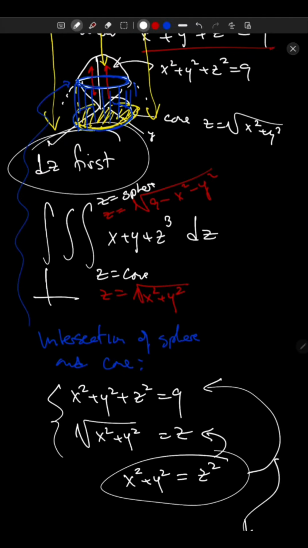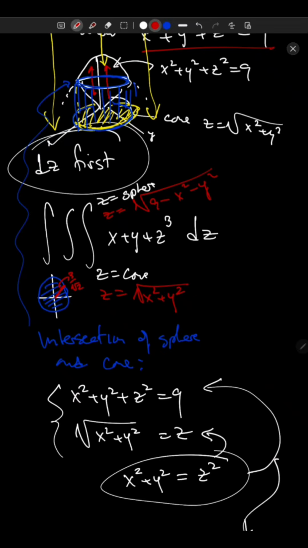This region out over here where we want to do our double integral is a full circle, did I say sphere? A circle of radius root of 9 over 2, so 3 over root 2.